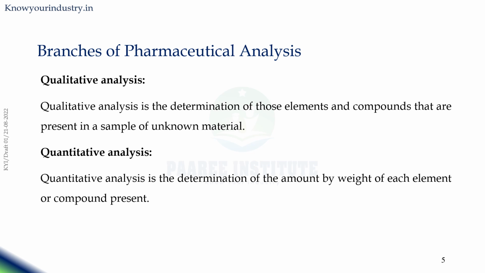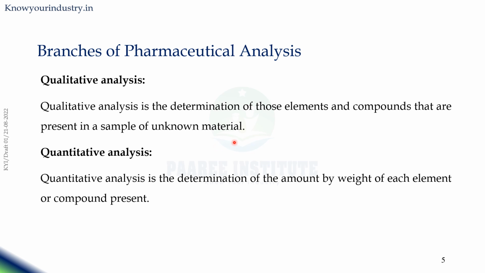As we saw in the previous module, the pharmaceutical analysis is also classified into qualitative and quantitative analysis. Qualitative pharmaceutical analysis is the determination of those elements and compounds that are present in a sample of unknown material. So you name the elements and compounds from an unknown material. Just name, that is qualitative analysis.